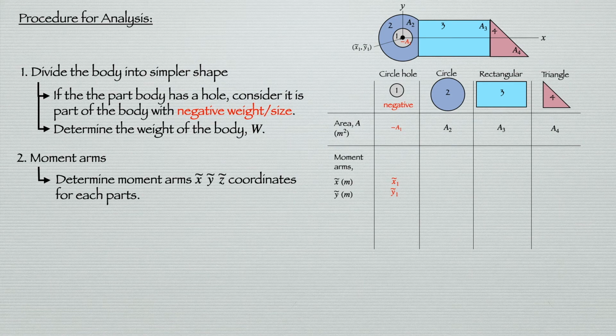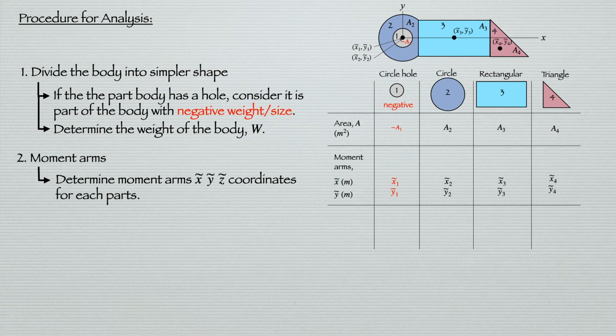So in this case, we write down X1 and Y1 bar. For the circle 2, we have X2 and Y2. For the rectangular 3, we have X3 and Y3, and for the triangle 4, we have X4 and Y4. This is what we call the moment arm.